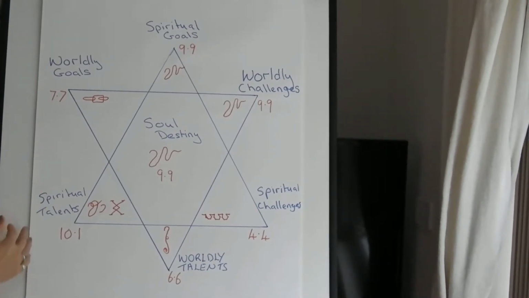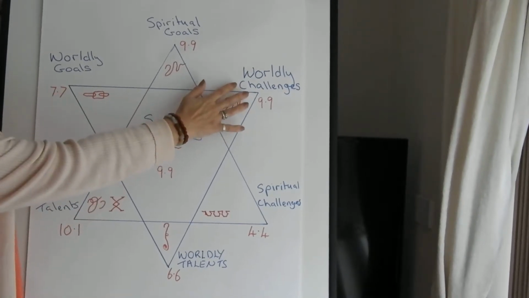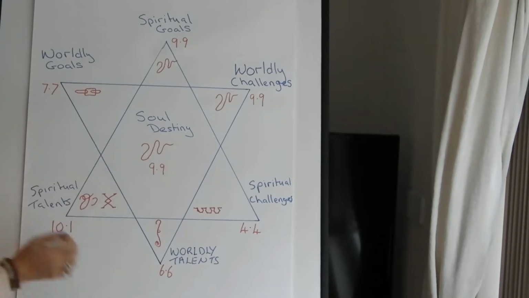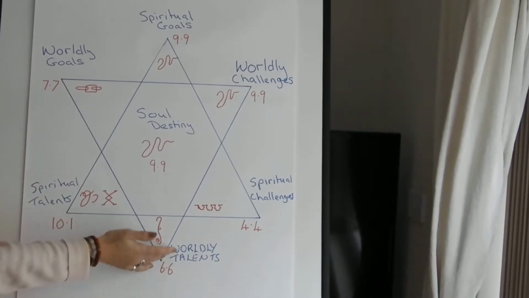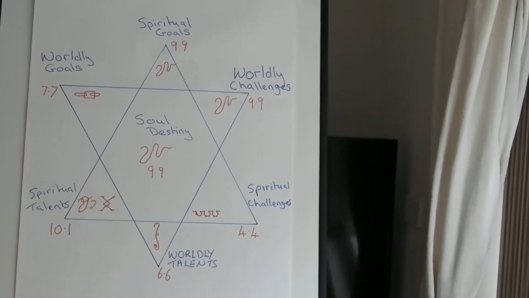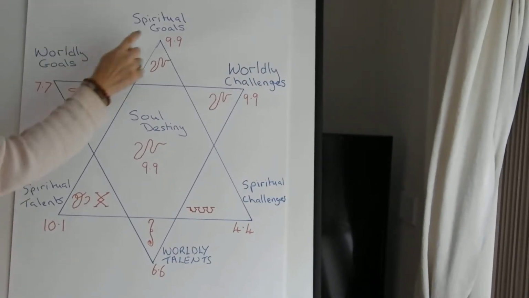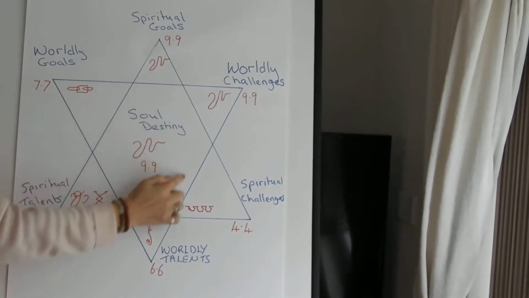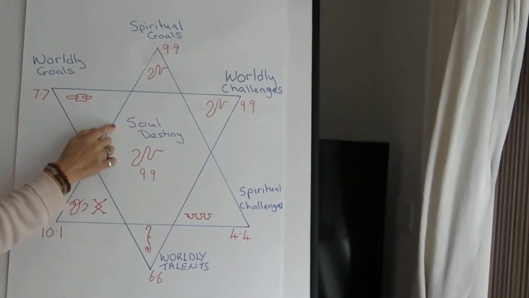They all have challenges within them, whether it's the worldly or the spiritual. They all have talents, worldly and spiritual. They all have goals, worldly and spiritual. And when we add all these together, we then have your soul destiny number.